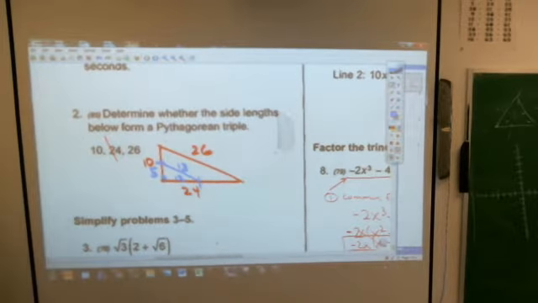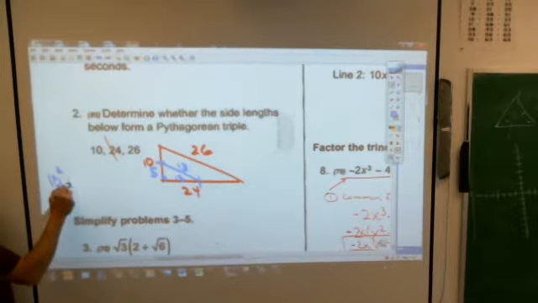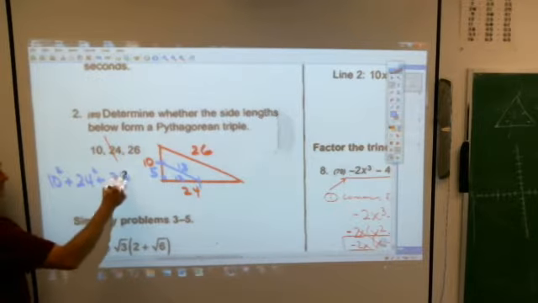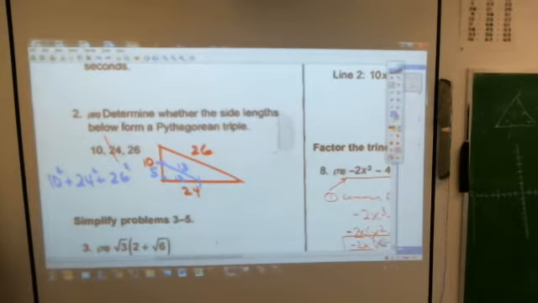If looking at the triple thing is something you don't like to do, you could actually put it in the Pythagorean theorem and see if it works. In other words, you could take 10 squared, add 24 squared to it, and see if it equals 26 squared. Because if it does, then it is a triple. Well, 10 squared is 100. Anybody 24 times 24?